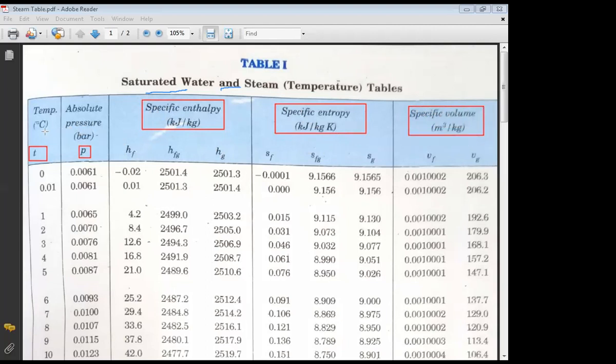Here units are also important. Temperature is in degree centigrade, pressure is in bar, and whatever HF, HFG, HG enthalpy values are there, those are in kilojoule per kg. Entropy values are in kilojoule per kg Kelvin, and volume is in meter cube per kg.